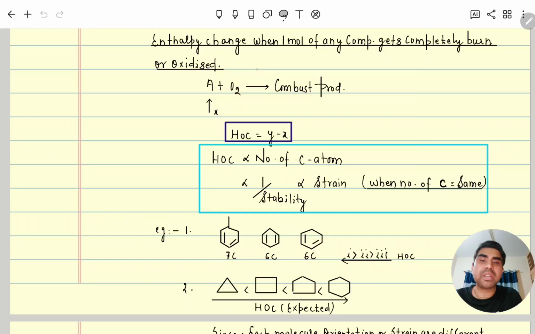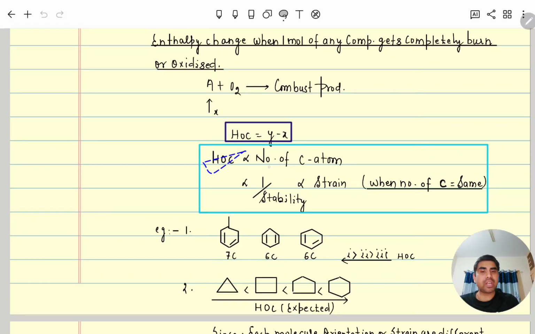After combustion, whatever amount of energy is released, let's suppose Y, and we gave X, so total heat of combustion per mole is Y minus X. So for heat of combustion, always apply this rule in sequence.